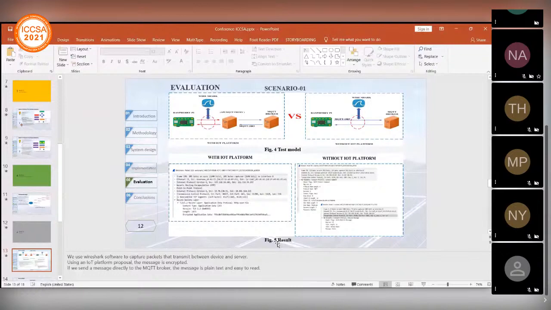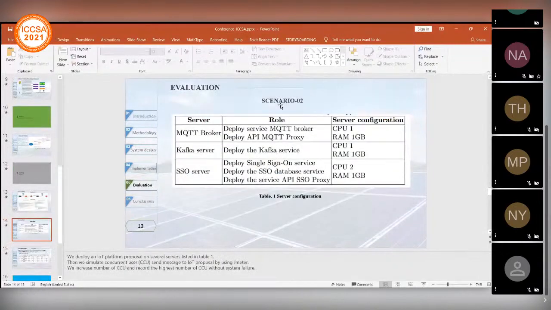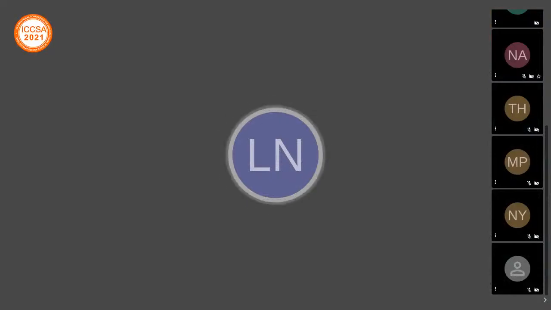In scenario 2, we will deploy the IoT platform on several servers with the configuration listed in table 1. In scenario 2, we have 3 small steps. Test 1 is the thing connecting directly to the MQTT broker and publishing message QoS 2.